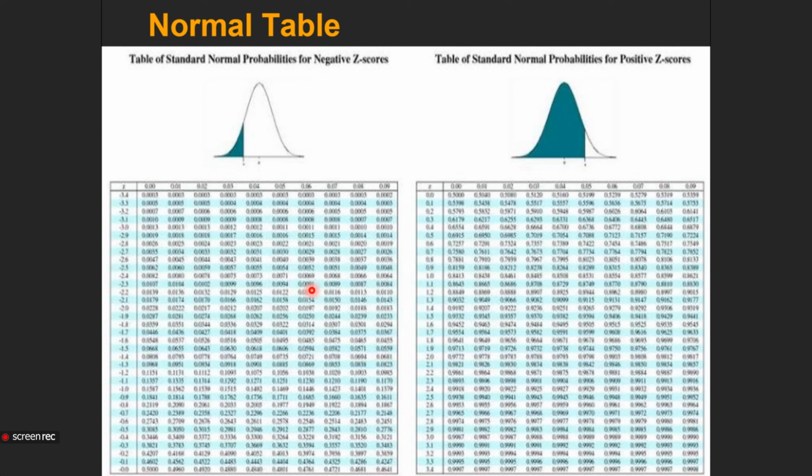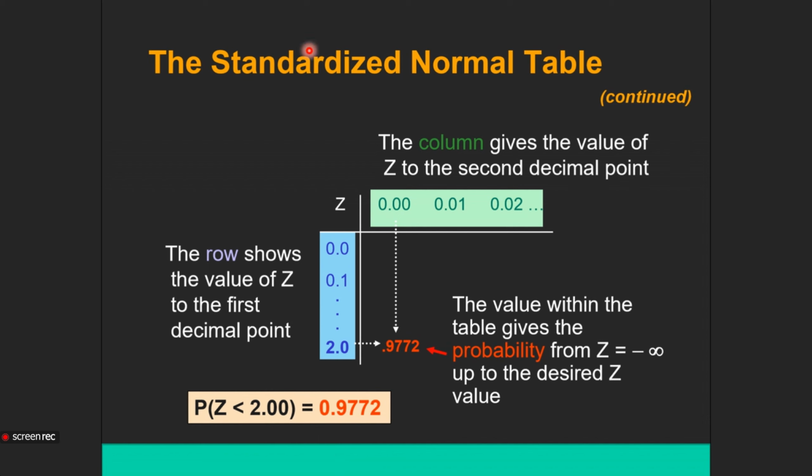Now, this is how the normal distribution table looks. To the left-hand side, we have the z value, to one place of decimal. But along the horizontal row, we have still the z value, but this gives it to the nearest 2 places of decimal.